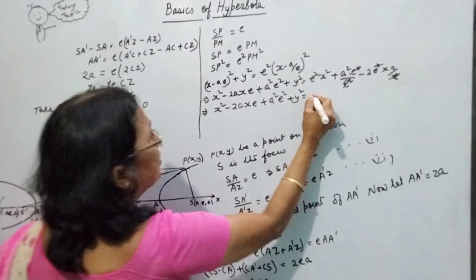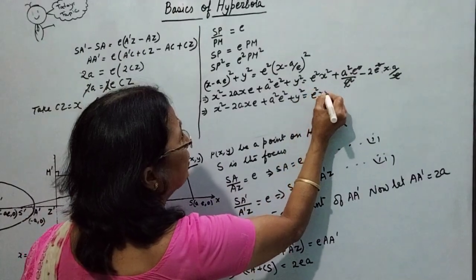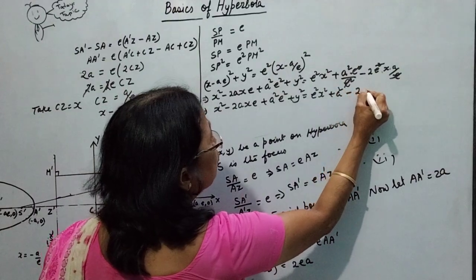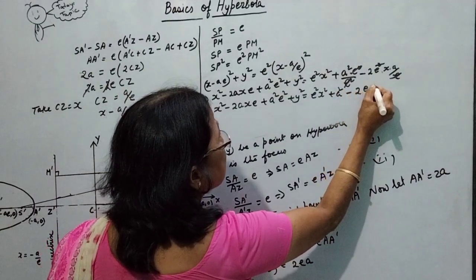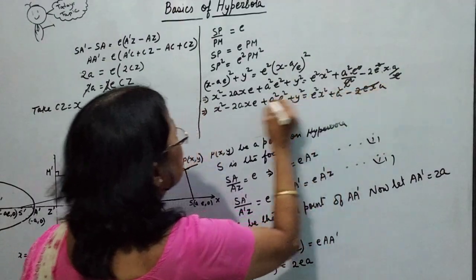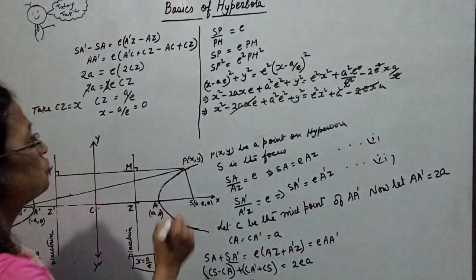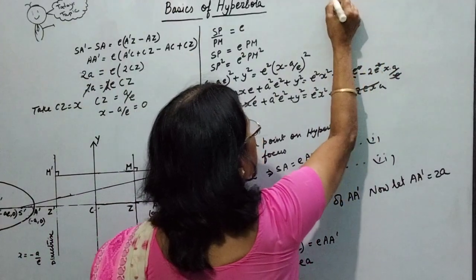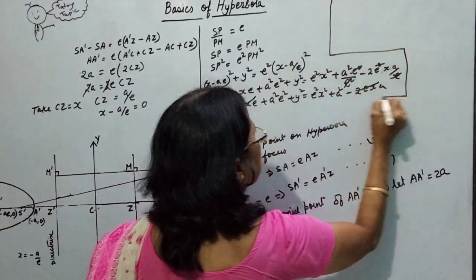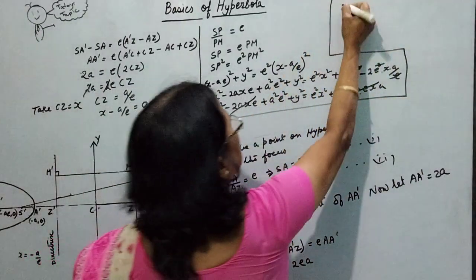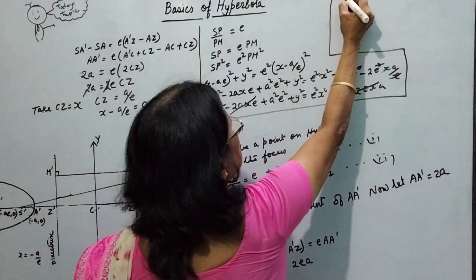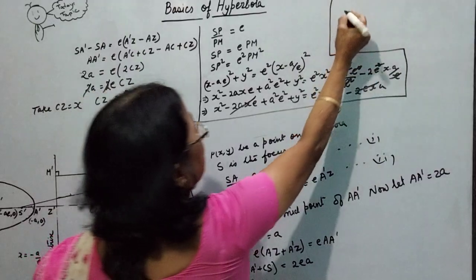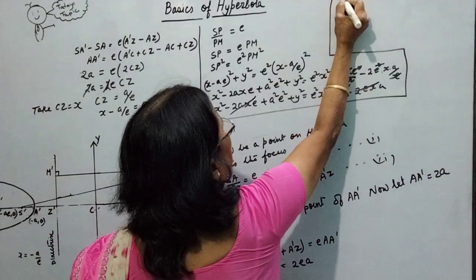Here we are left with E square X square plus A square minus 2EXA. So I think these two cancel. So from here we can write, X square, I can take on the right hand side.